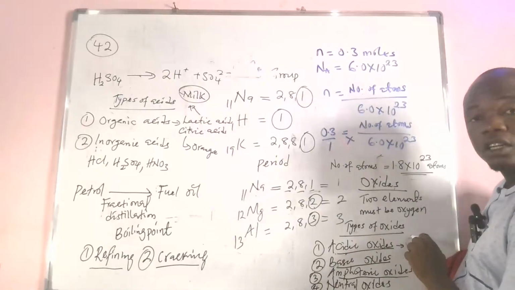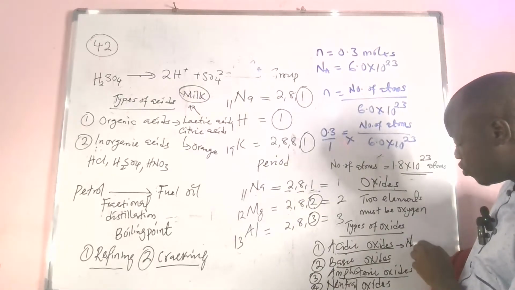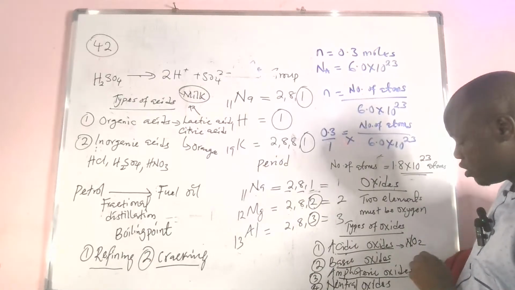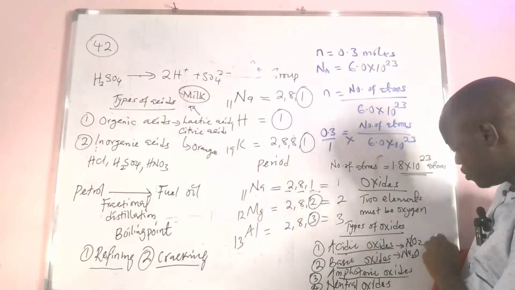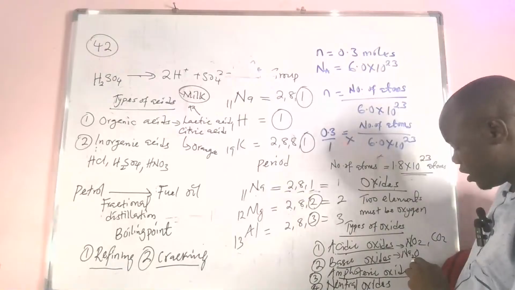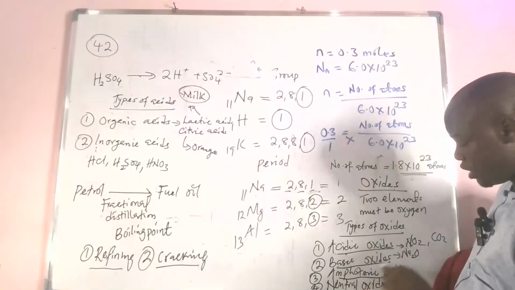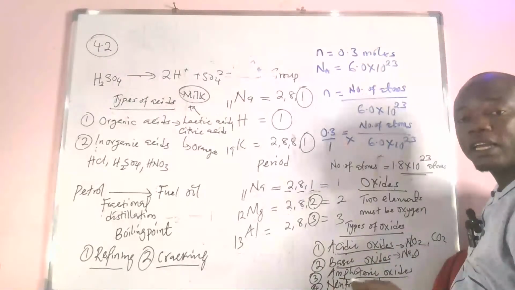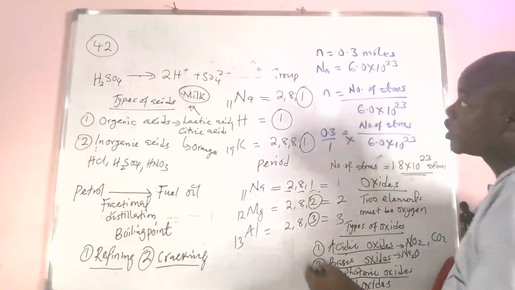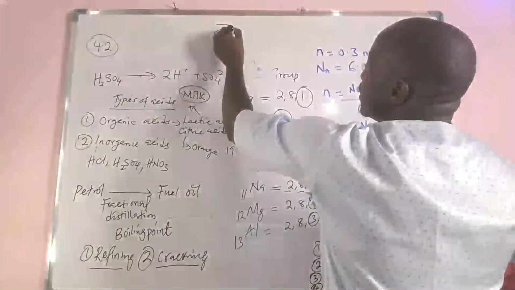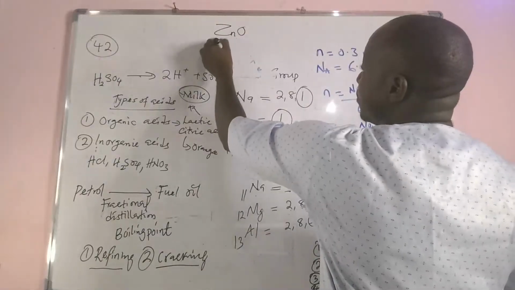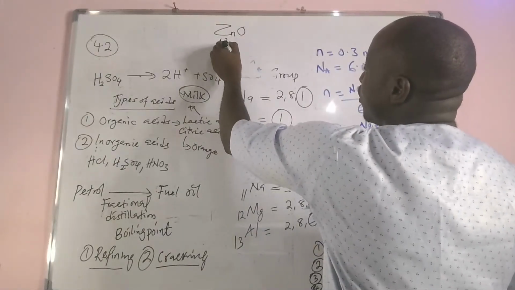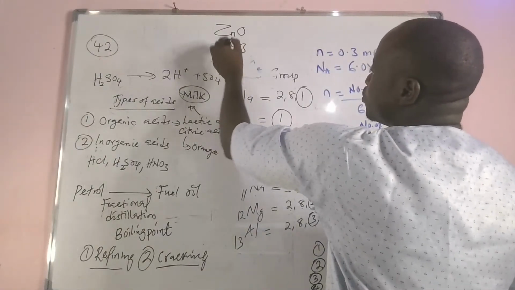For acidic oxides, we can have NO2 and CO2. For basic oxides, it can be sodium oxide, and another example is calcium oxide. For amphoteric oxides, zinc oxide is an example, and aluminum oxide is another example.